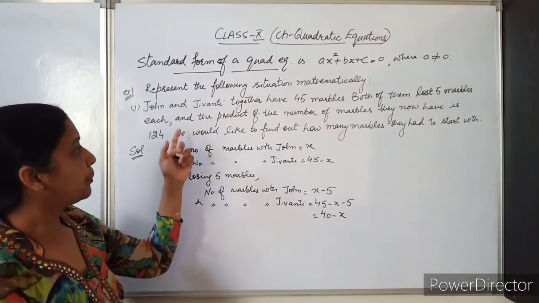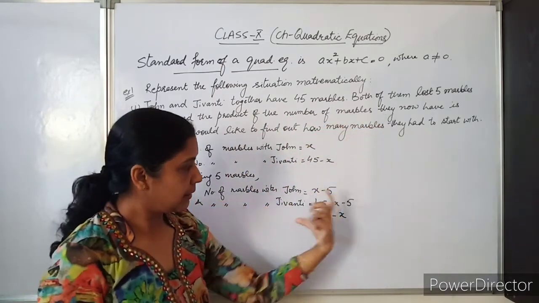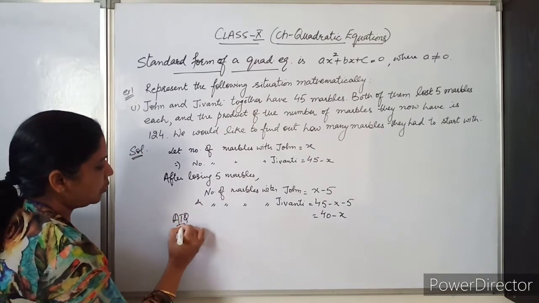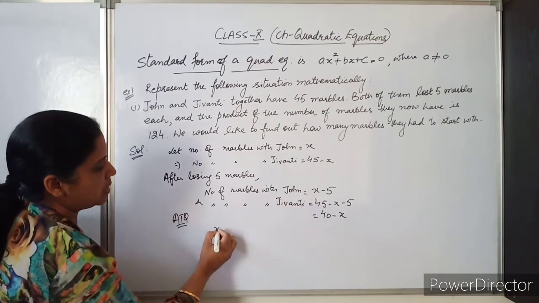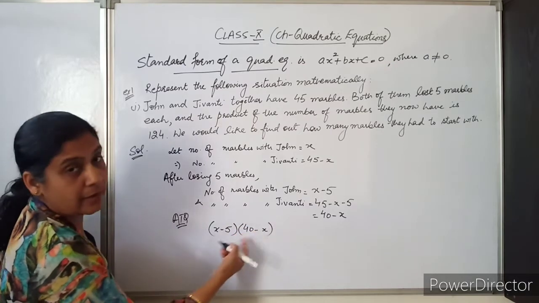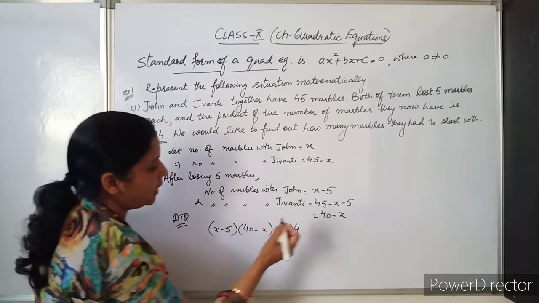I read it further. And the product of the number of marbles they now have is 124. So according to the question, the product of these two numbers, x minus 5 and 40 minus x, is going to be equal to 124.